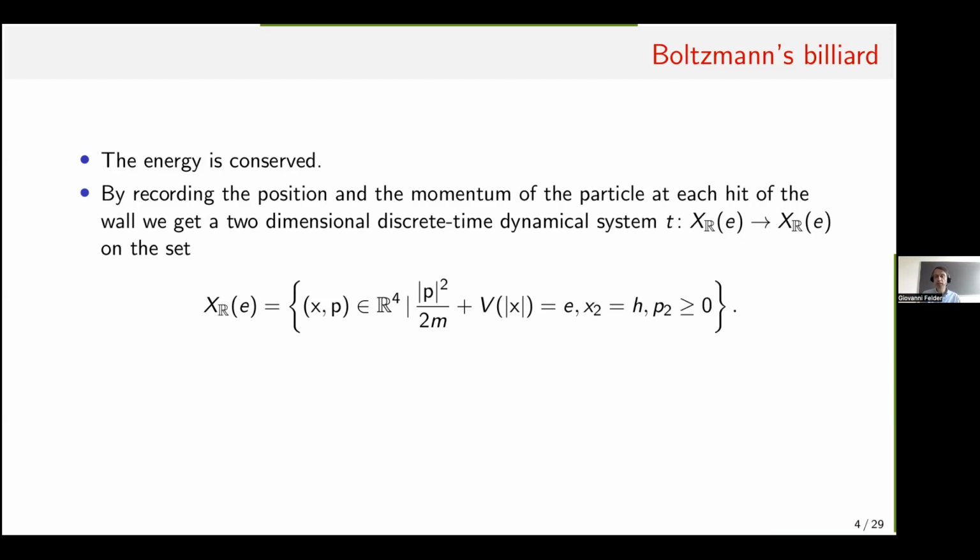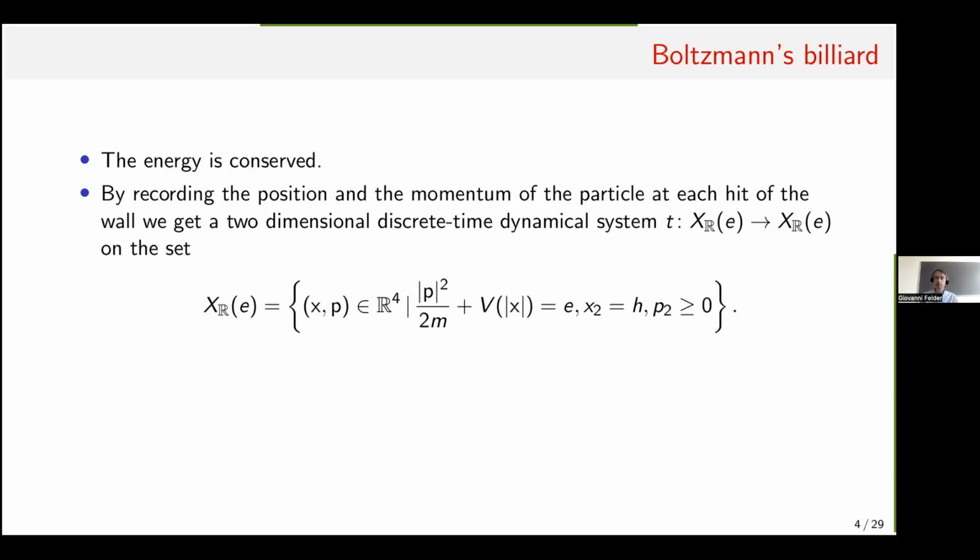So in this way you get some map on your phase space. So if you record position and momentum each time it hits the wall, you get a phase space and a map on this phase space, and your dynamical system is obtained by iterating this map. So you have a discrete time dynamical system.